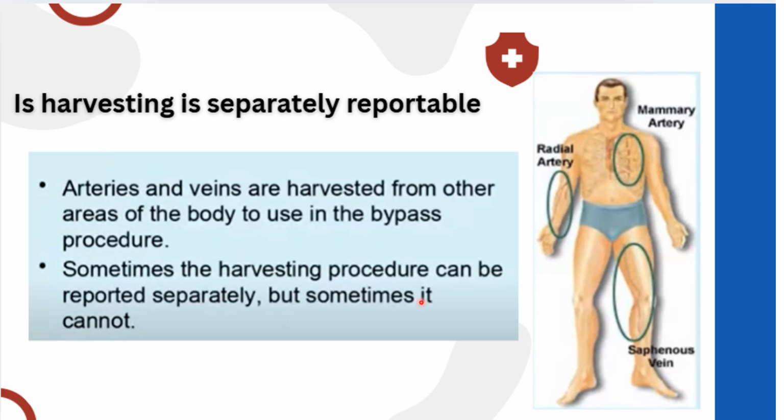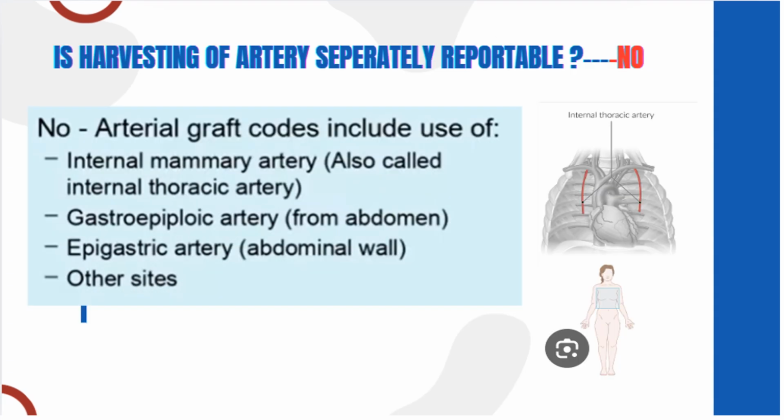Whenever you are doing this harvesting, sometimes we report the harvesting procedure separately, but sometimes we don't report the harvesting procedure separately. So this is very, very important for you to pay attention to. Is harvesting of the artery separately reportable? And the answer is no and yes.